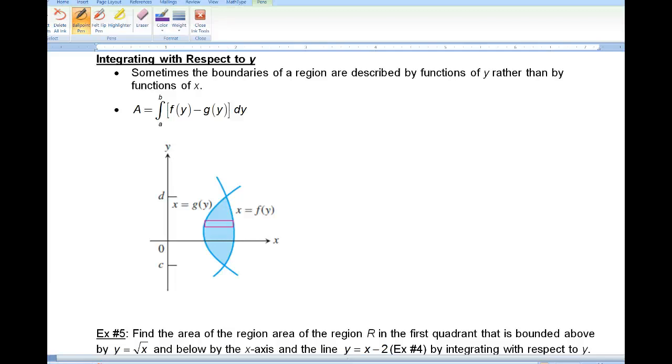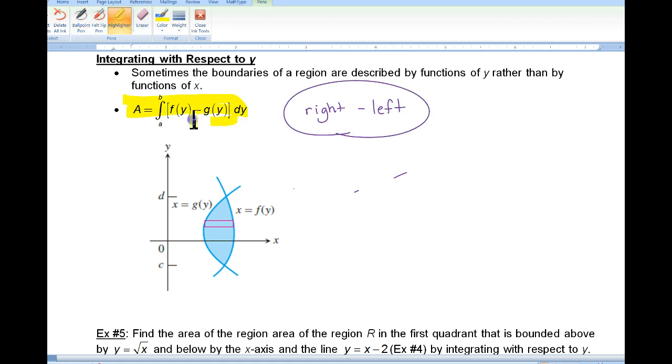The next part, we are going to integrate with respect to y. This is no more difficult. The only difference is instead of upper minus lower, we're going to do right minus left, and we use everything with y.